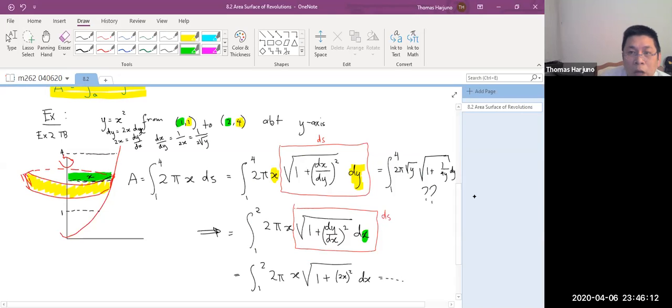Now then, depends on how the function is given to us. Example 2 is a great example to show you that for each type of surface area of revolution, you actually have two ways to do it. Either you deal with the dx or dy. Now, how do I know which one to use, Thomas? By experience. But sometimes if you do one of them and you think, oh, this is so hard to do, try another one.